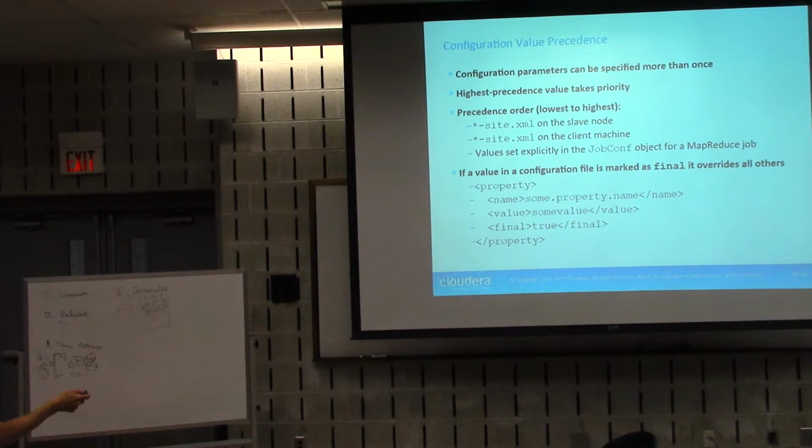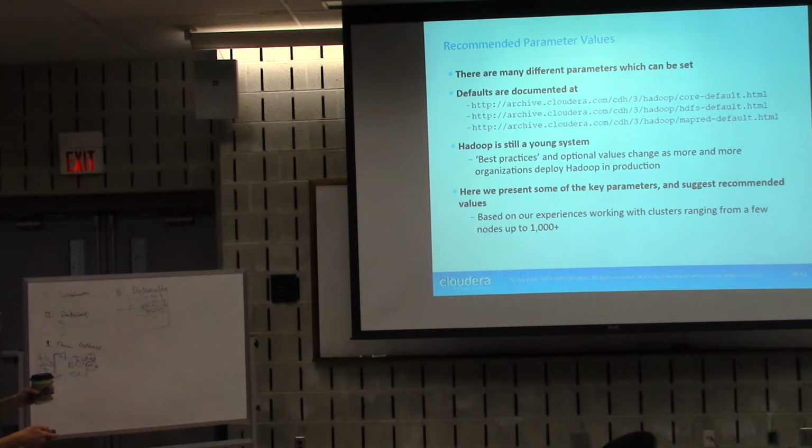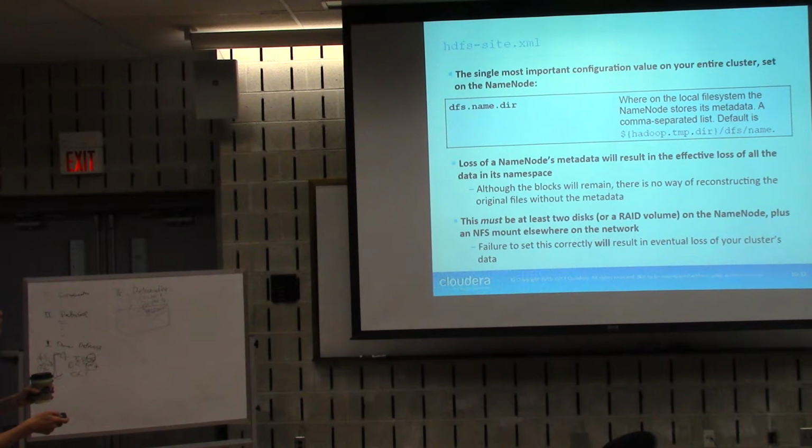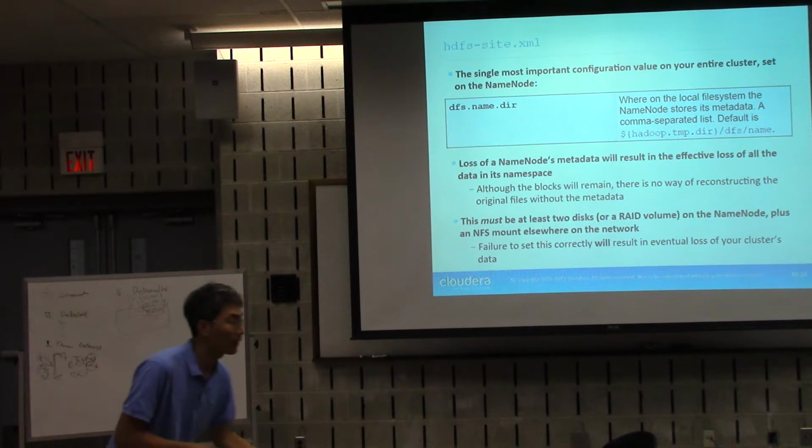So these are the typical template to set up the parameter value in Hadoop: name, value, and sometimes final. There are 3 files. First, the HDFS side.